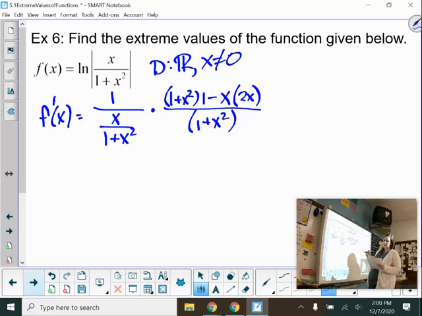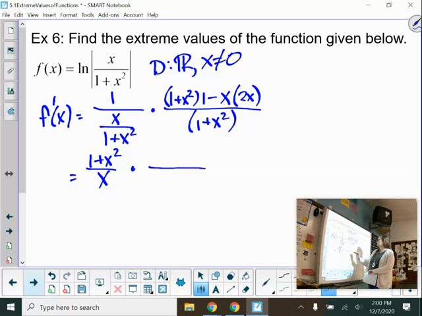So that's going to be the entire derivative of the inside, and then we have to go through and simplify this. So for this first part, this fraction is actually going to flip. We have 1 plus x squared over x, because that's 1 divided by that.